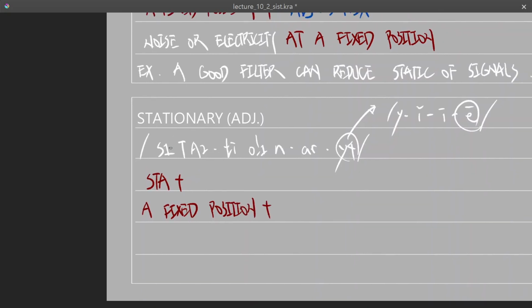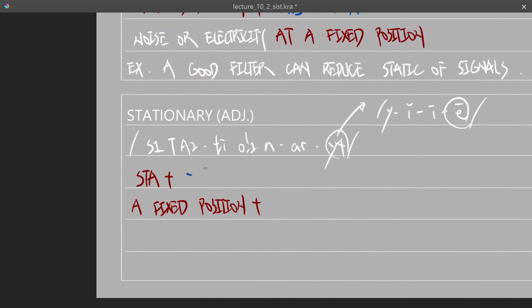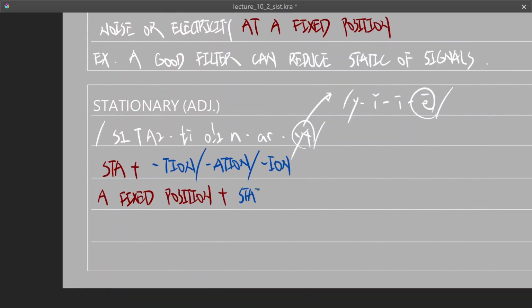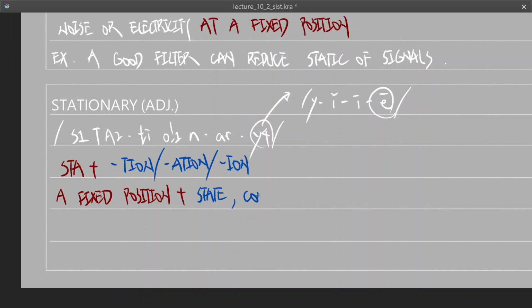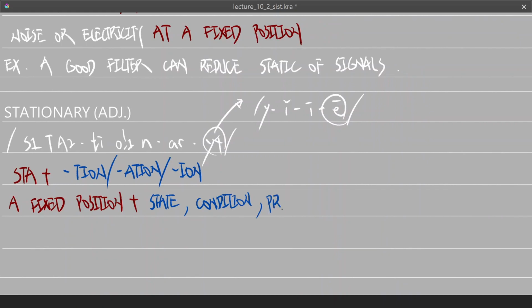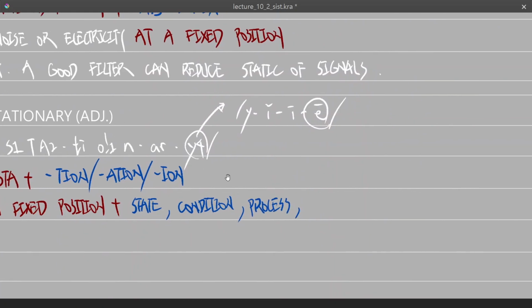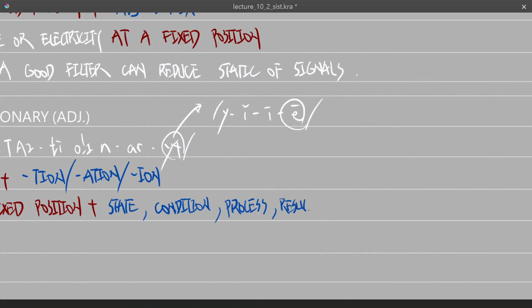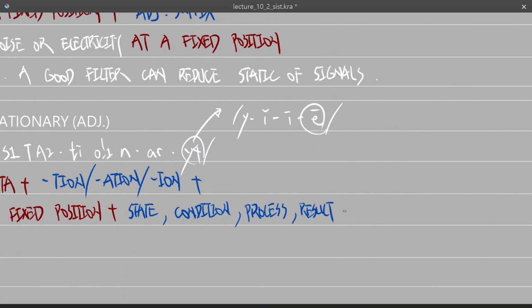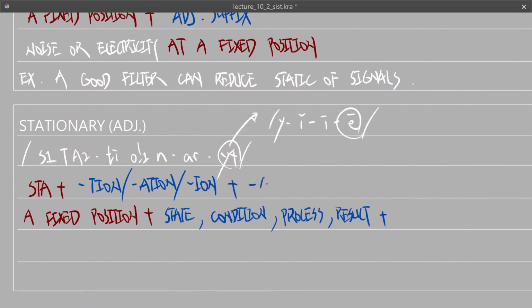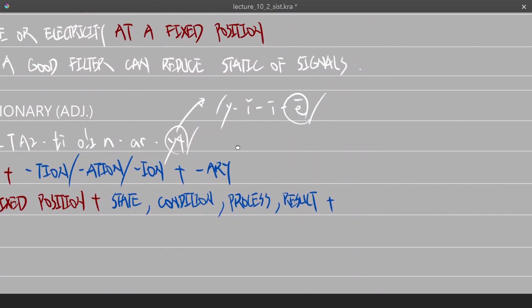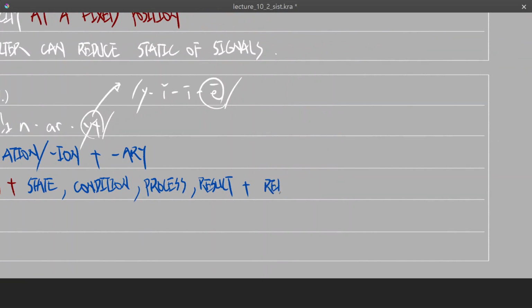And we have the suffix ion, or ation, meaning state, condition, process, or result. And we have the adjective suffix ary, an adjective suffix meaning relating to something.